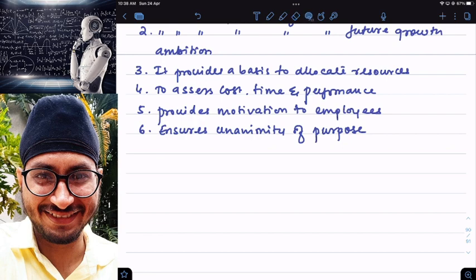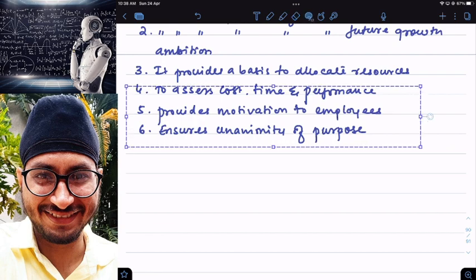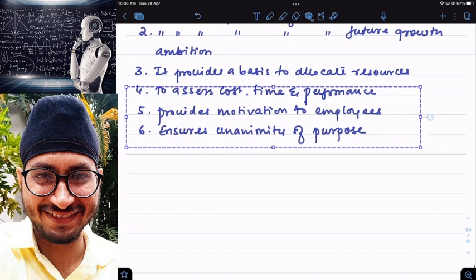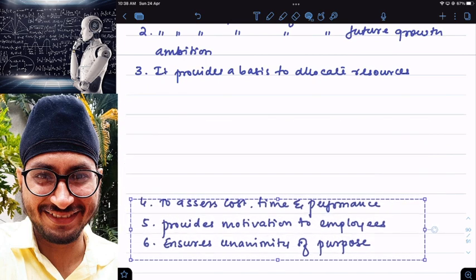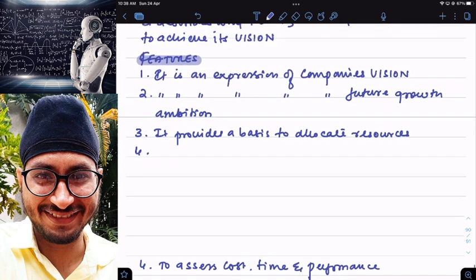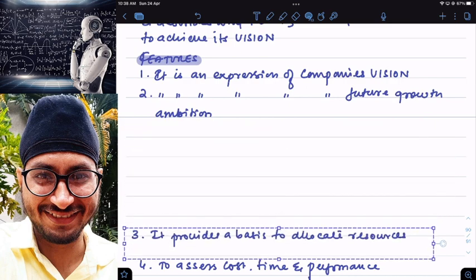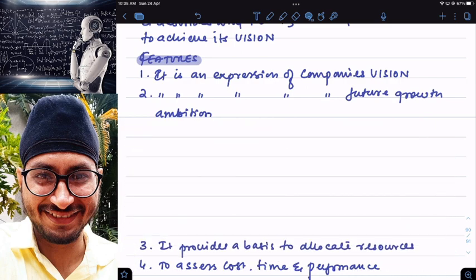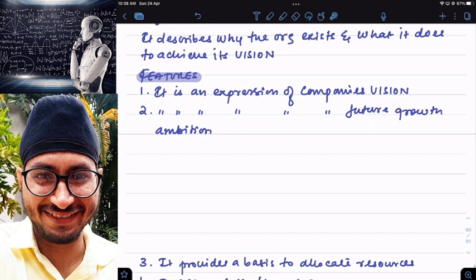I think this is what I will discuss under features. Sorry, my mistake. This comes under reasons for having a mission. Clear? Point number 4. So whatever we have discussed here also comes under reasons for having a mission. Sorry, my bad.